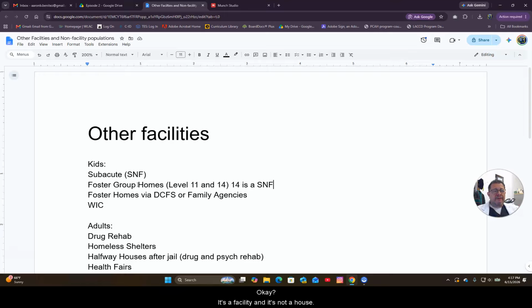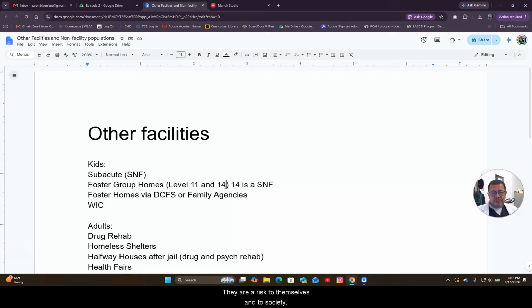It's a facility and it's not a house, it's an actual facility where it's kind of like a nursing home, but for kids. And a lot of these places, they have high schools inside. They have schools, the ones that are level 14, because the students cannot go outside.